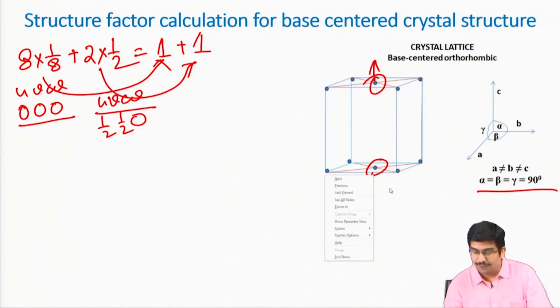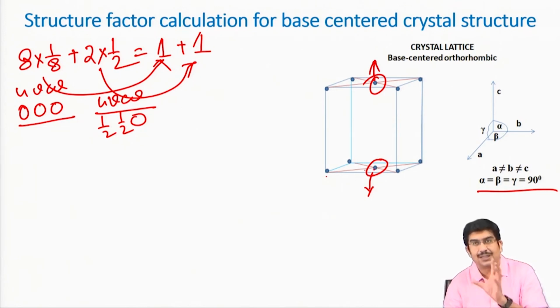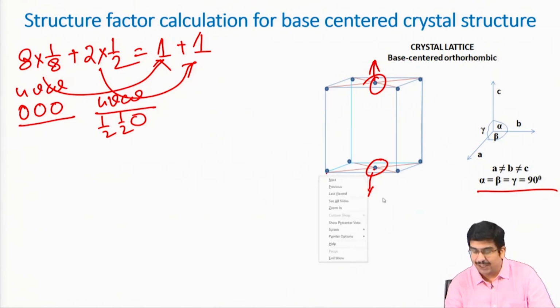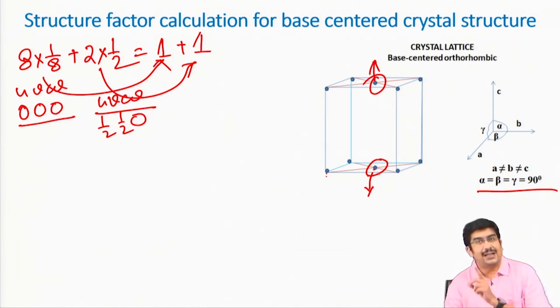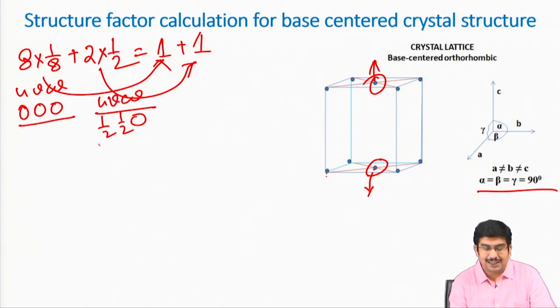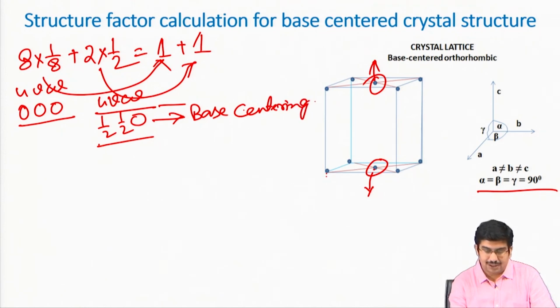If you move half distance in the x direction, then half distance in the y direction, half means half of A, half of B, and no movement is needed in the C direction, you will be reaching this base centered atom. That is why I said this is the position for the base centered atom, and this is called base centering translation.